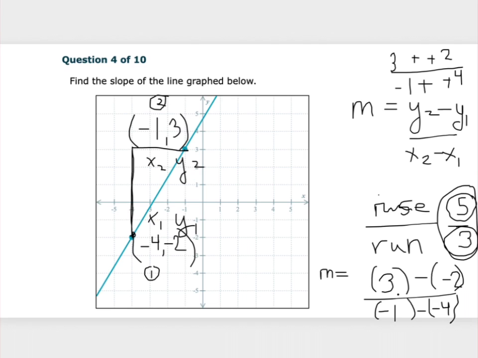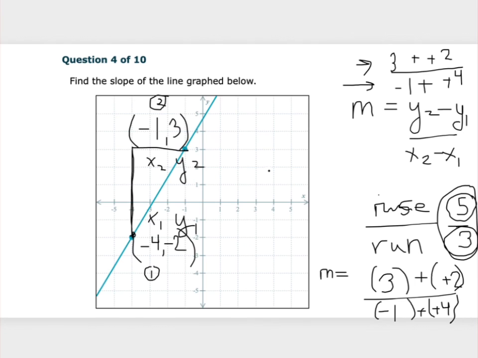All right, so 3 take away a -2 is 3 addition of the opposite, and 3 plus 2 is what you see right here from the earlier work. And -1 minus a -4, addition of the opposite, turns into -1 plus 4, which is right here. Now we have 3 plus 2 is 5, and -1 plus 4 is 3.